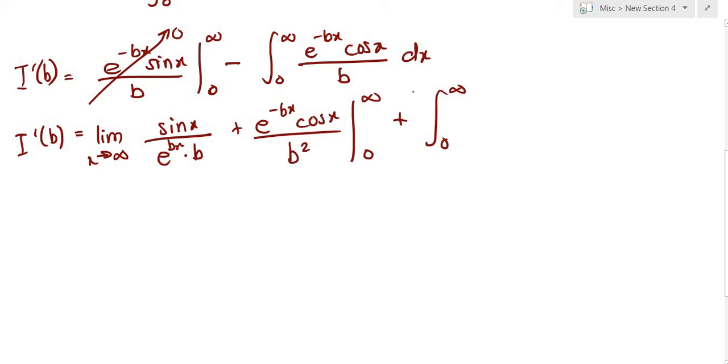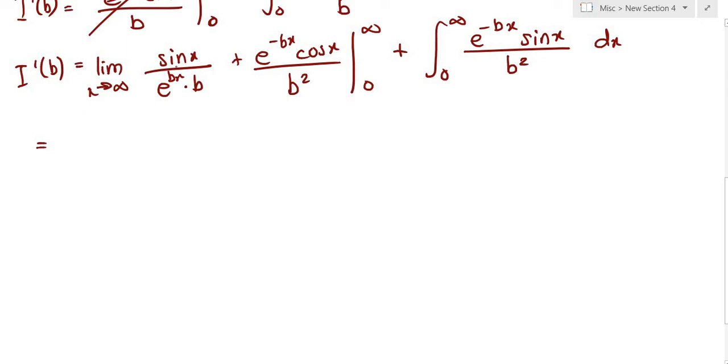So all we needed to worry about was the negative due to our integration by parts formula, and the negative due to the derivative of the cosine, and both of them nicely nullified to give us a positive. And we have e raised to negative bx times the sine of x all over b squared, and we have a dx.